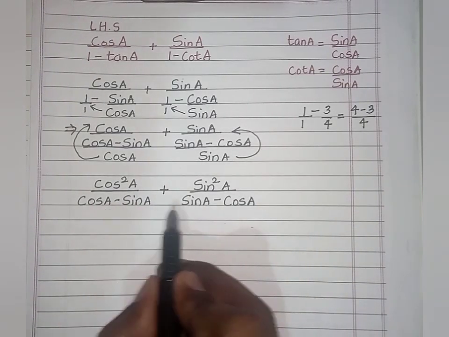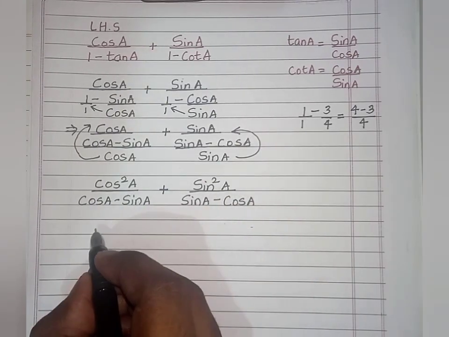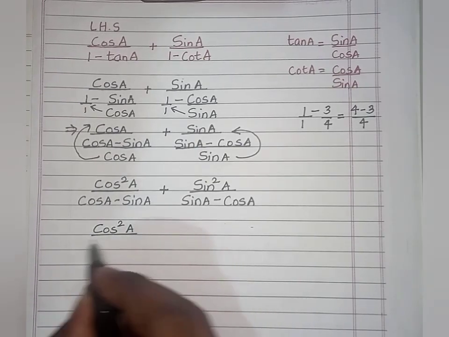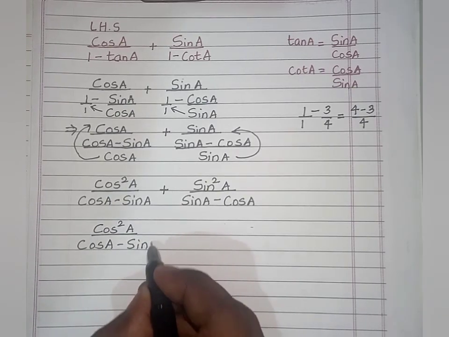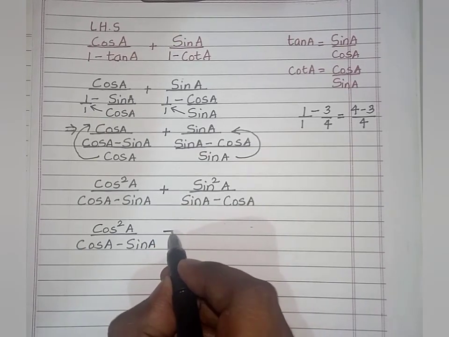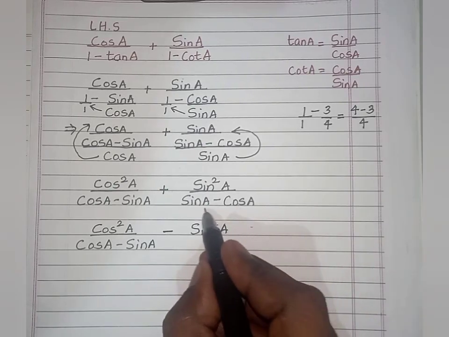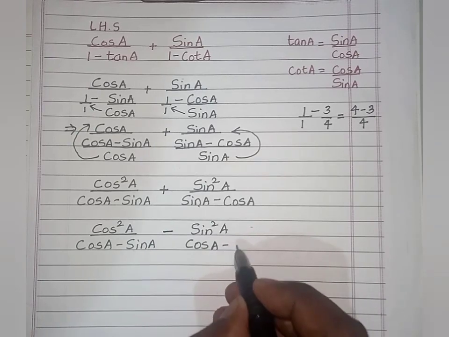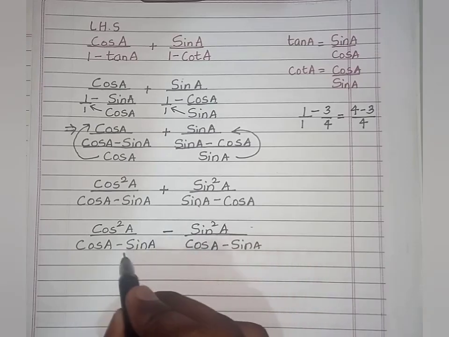Now I should take the LCM. It is easy if I make the denominators same. So cos square A divided by cos A minus sin A. Now I'll take the minus common in the denominator, so it will become minus sin square A. Since you have taken minus common, the terms will interchange, that is cos A minus sin A. Now if you observe, the denominators are same in both the fractions.